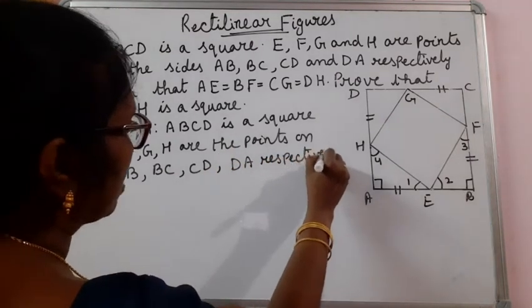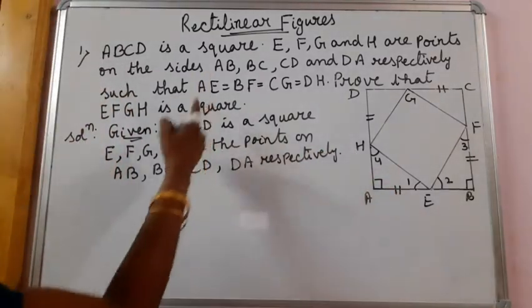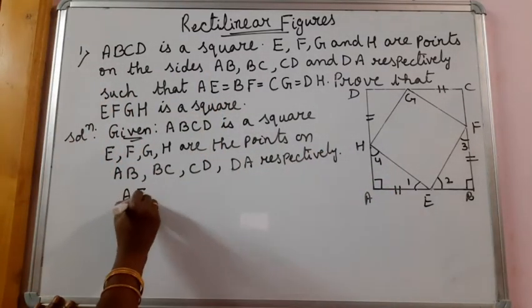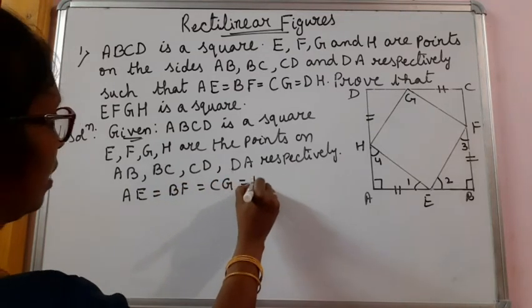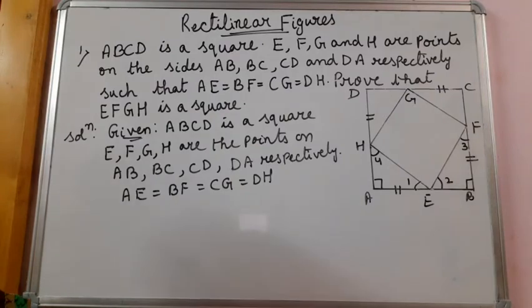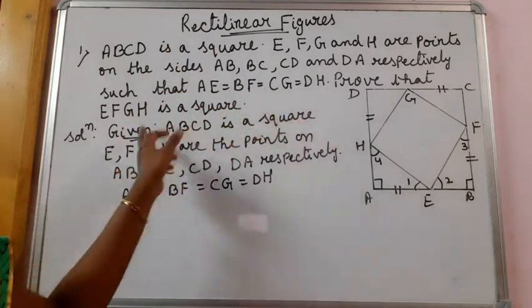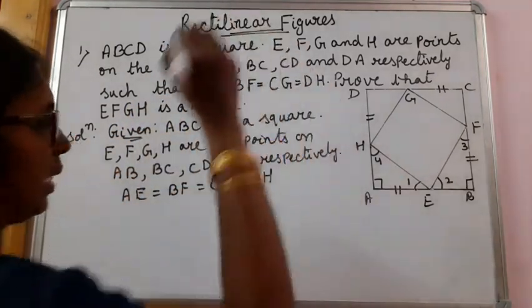And also it is given to us AE is equal to BF, that is equal to CG, that is equal to DH. So what is given in the question, I have written in the form of statements.